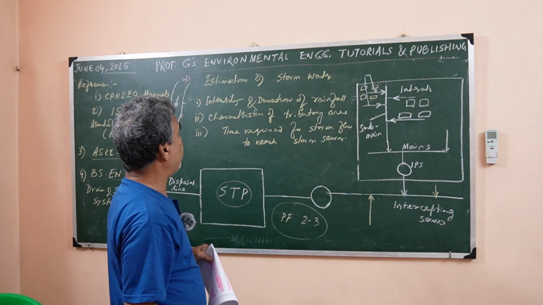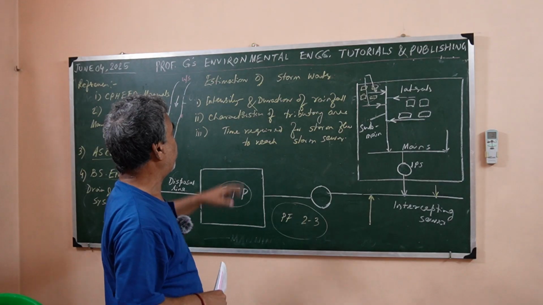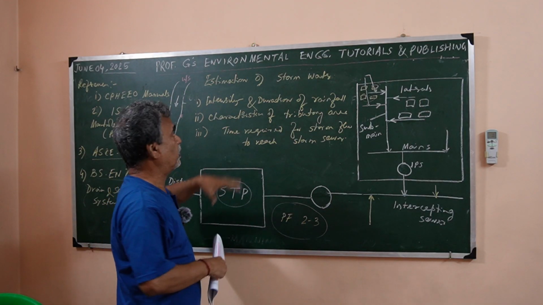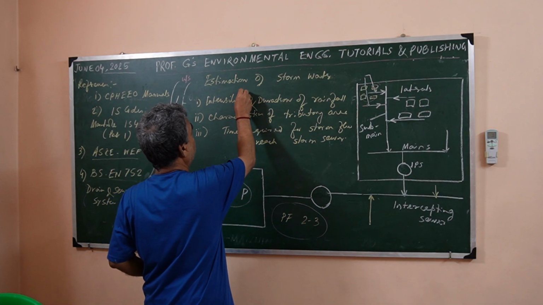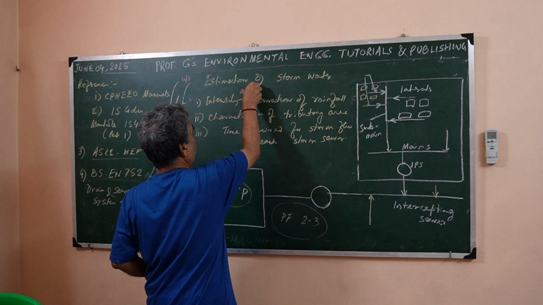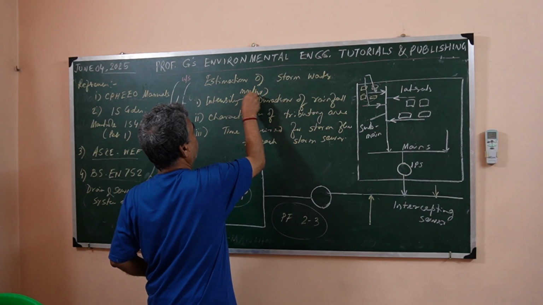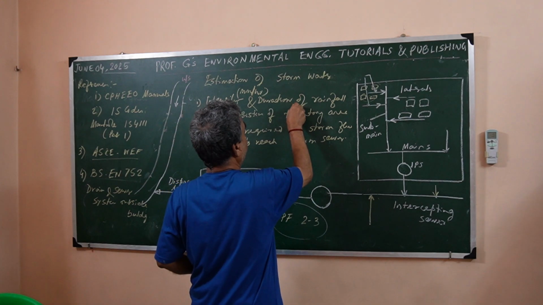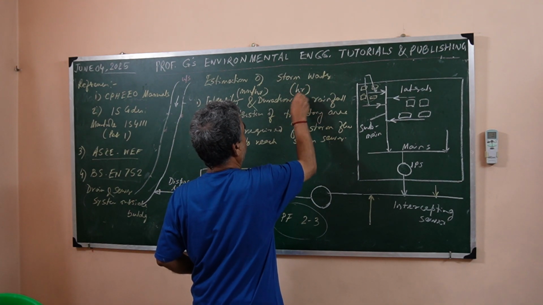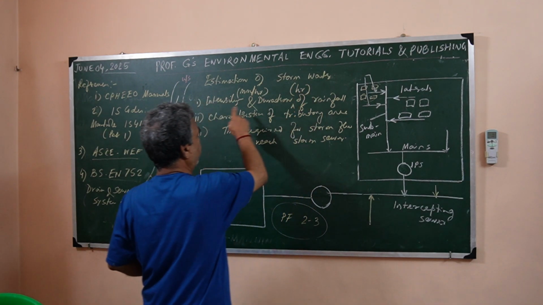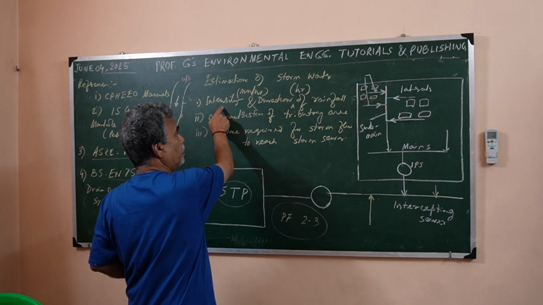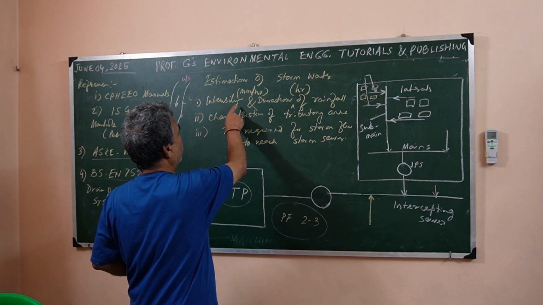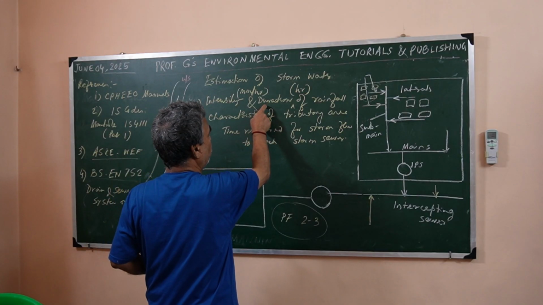Now intensity and duration, that means intensity of rainfall is expressed usually in millimeter per hour. Duration is in hours, sometimes written H also. So if intensity is more, then the runoff will be more.